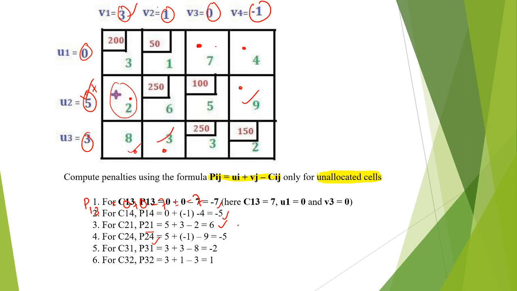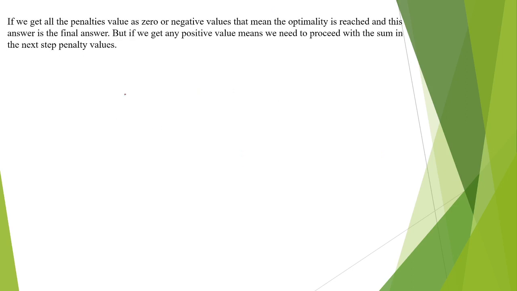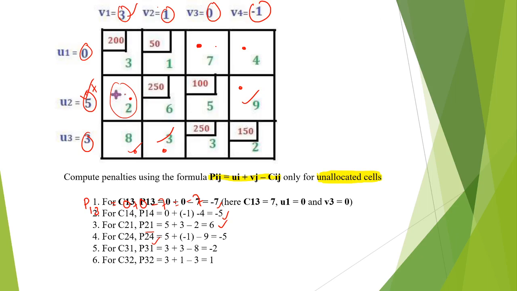Now from these penalties, you have to check whether all penalties are 0 or negative. So this is negative, negative, negative, negative. If all penalties are less than or equal to 0, then our initial solution is optimal.